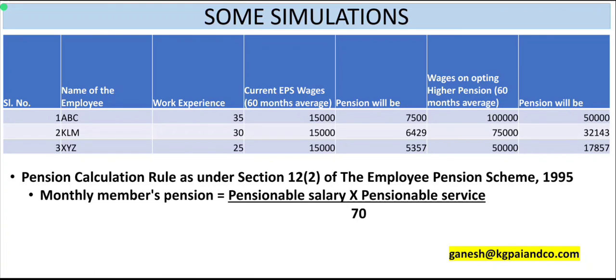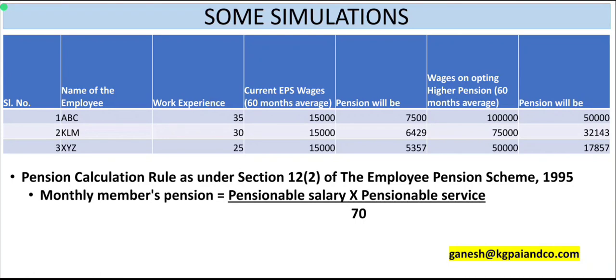On the other hand, if opted for a higher pension and the average salary considered for EPF calculation for the last 5 years is 1 lakh, and if service was 35 years, then the pension per month is rupees 50,000.